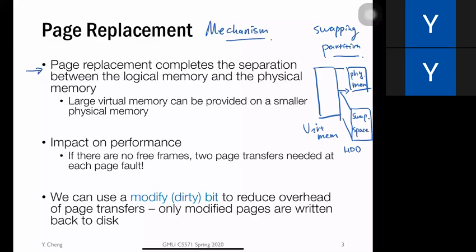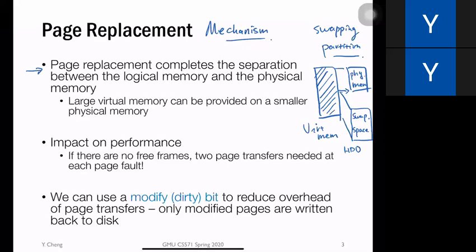And this whole thing is the logical memory. As you can see, it uses the page replacement policy or page replacement components to complete the separation between the logical memory and the physical memory, to make the capacity of the virtual memory larger than that of the physical memory.